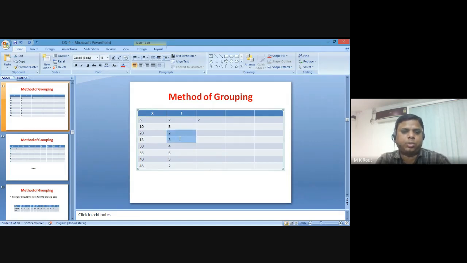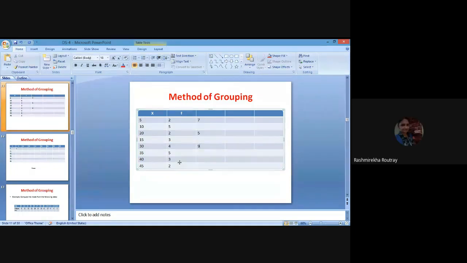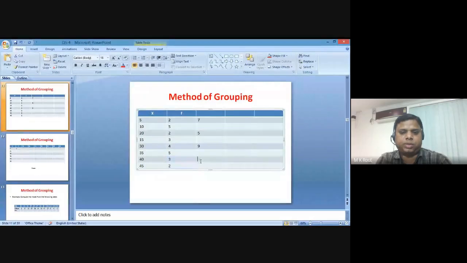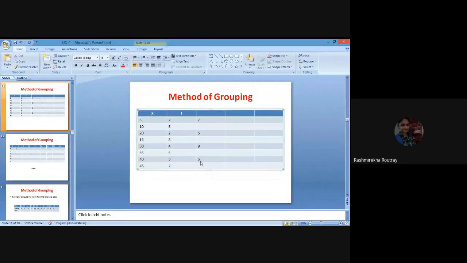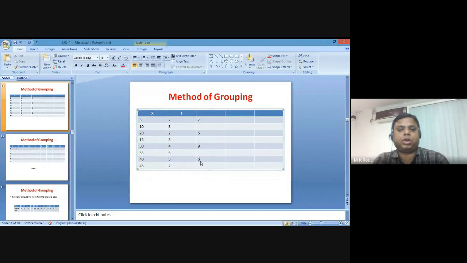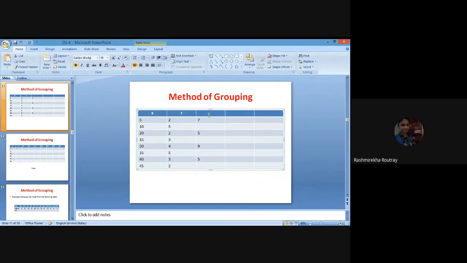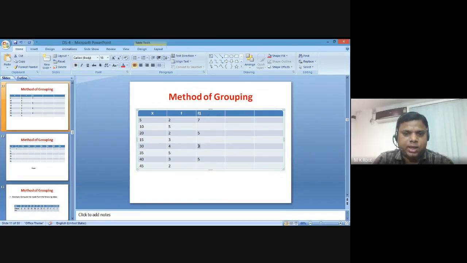Again 2 plus 3, that is 5. Then 4 plus 5, that is 9. Then 3 plus 2, that is 5. Which one is the highest frequency in this table? 9. I just highlight 9 here.